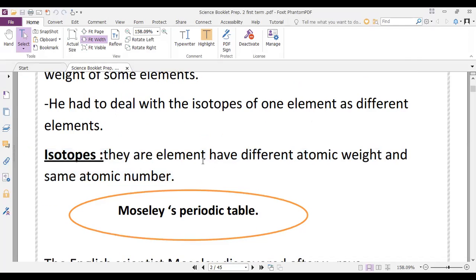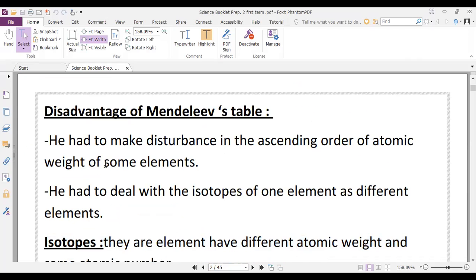So what are the disadvantages again? Number one, he had to make disturbance in the ascending order of atomic weight of some elements, because there is more than one element that has the same atomic weight. Number two, he had to deal with the isotopes of one element as different elements.